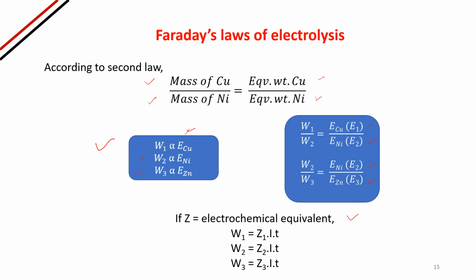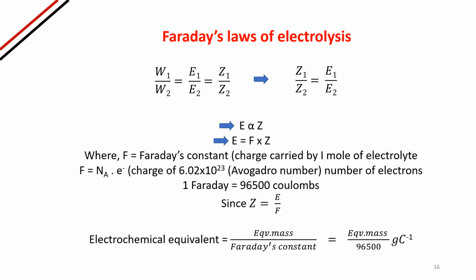So just put it here, W1 by W2 is equal to E1 by E2, and as W1 is equal to Z1 IT, because the same current is passed for the same time, W2 is equal to Z2 IT. Just put the values of W1 and W2 here. IT will get cancelled. I'm getting Z1 by Z2. Okay, so what I can write, E is proportional to Z.